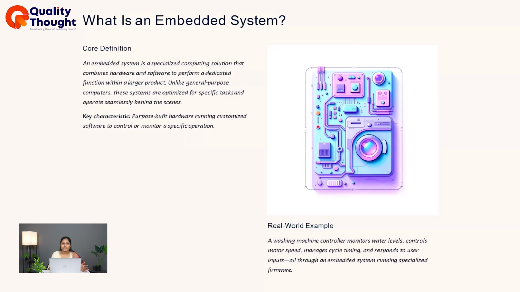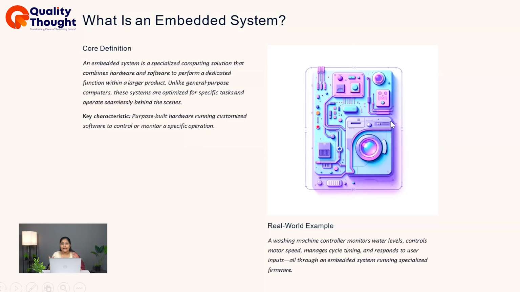I already told you about VLSI, whereas now, coming to embedded systems, the perfect example is the washing machine. When you put clothes in, we don't observe what it is doing. It senses the water level automatically and decides how much water it has to take. Everything has a sensor, and it decides how long to wash the clothes, whether 30 minutes or 40 minutes.